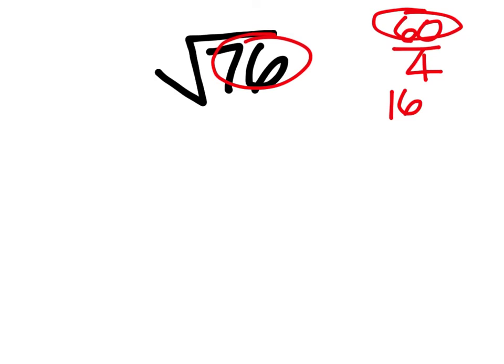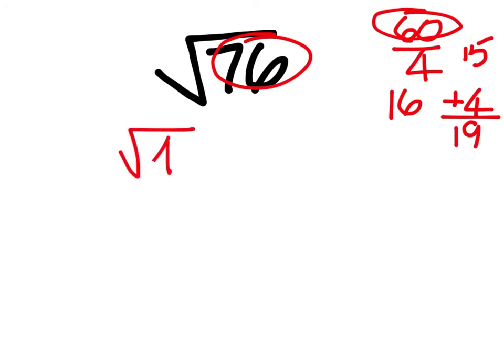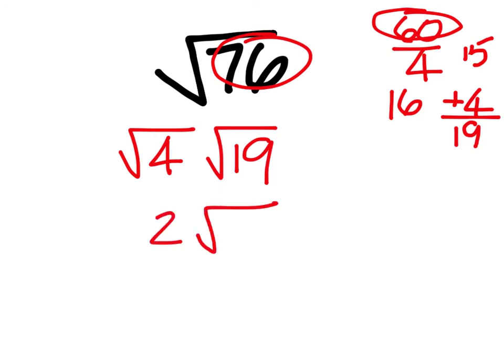So is 76. So if I can get 15 from this and 4 from that, then 4 goes into 76 how many times? 4 plus 15? 19, yeah. So it would be the square root of 4, square root of 19. Can't get a perfect square out of 19. So it's just 2 square root of 19.